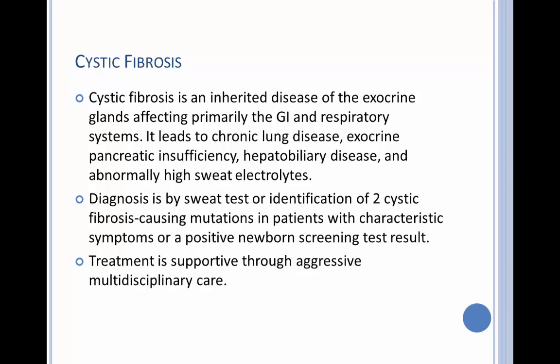They produce excessive secretions in the tracheobronchial tree, and they also secrete excessive amounts of sodium and chloride in the sweat glands, in the parotid gland, and salivary glands.